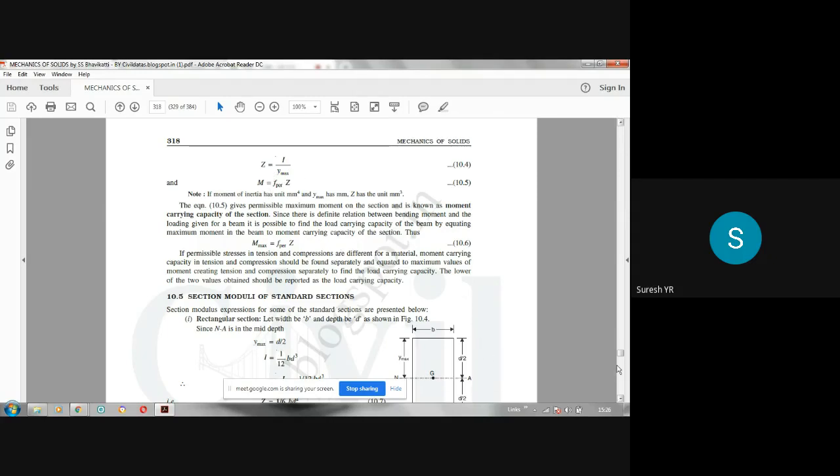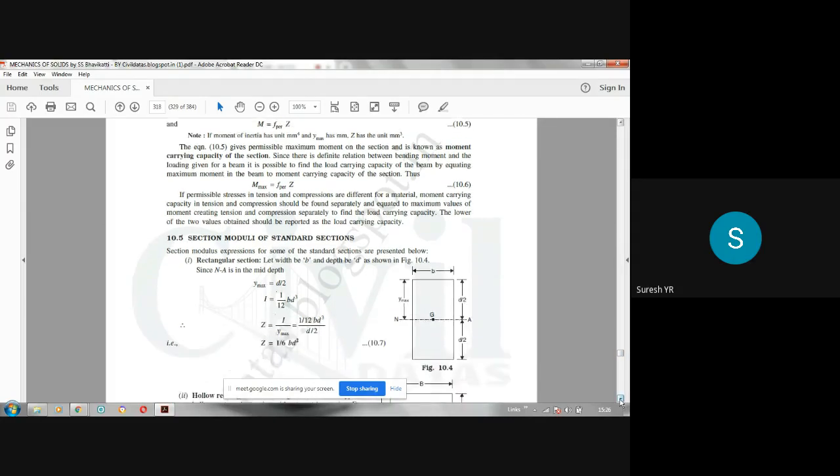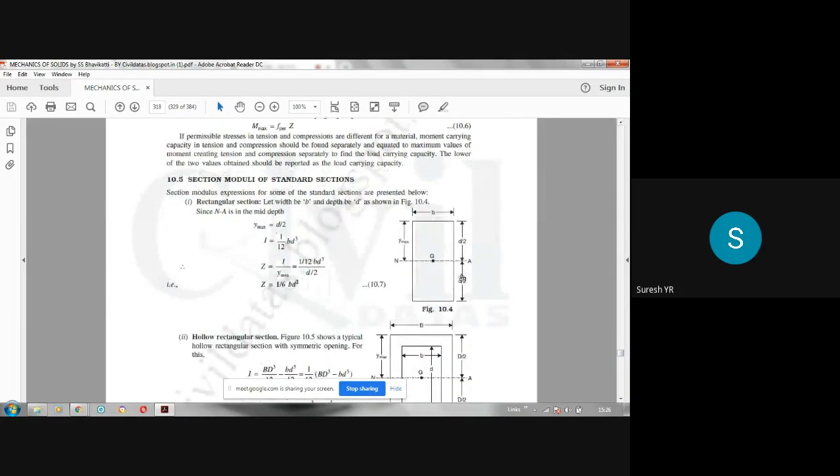Now we will see the standard expressions for the section modulus of standard sections.